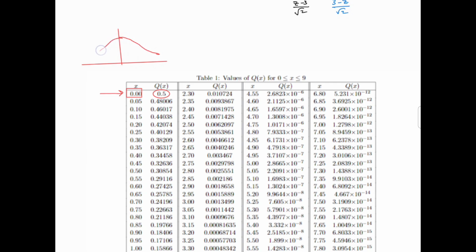Q of x is basically calculating this area. If this is x, this area is given by Q of x. So when x is 0, we are covering half of this region. The full region is 1, half of the region is 1/2, and so on. As x gets larger, you see that the area reduces.